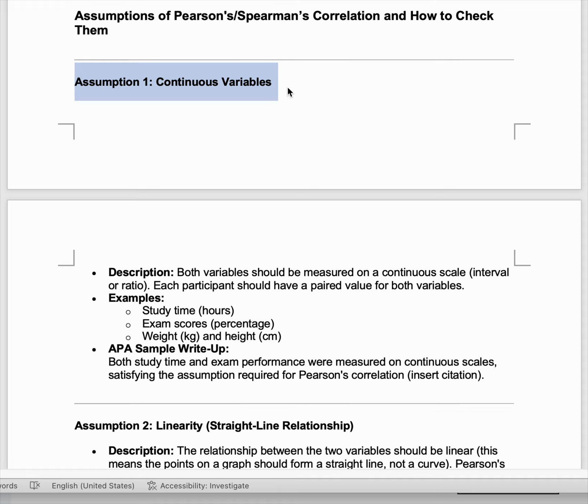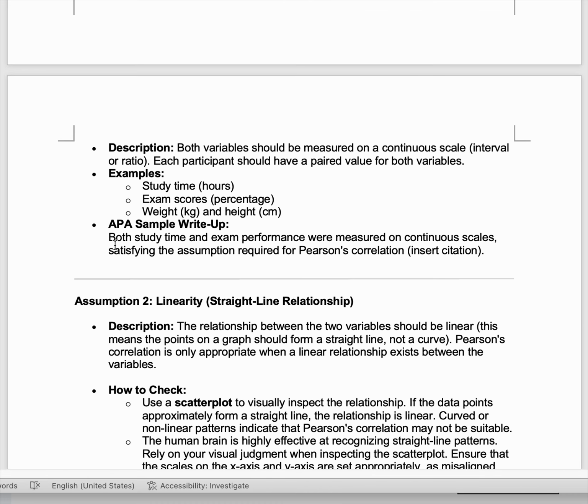Something like an exam score, a study time, a weight, a height, an age, anything that is a measurable and meaningful number is going to meet that assumption. You're going to explain that these are measured on continuous scales, meeting the assumption for the correlation.